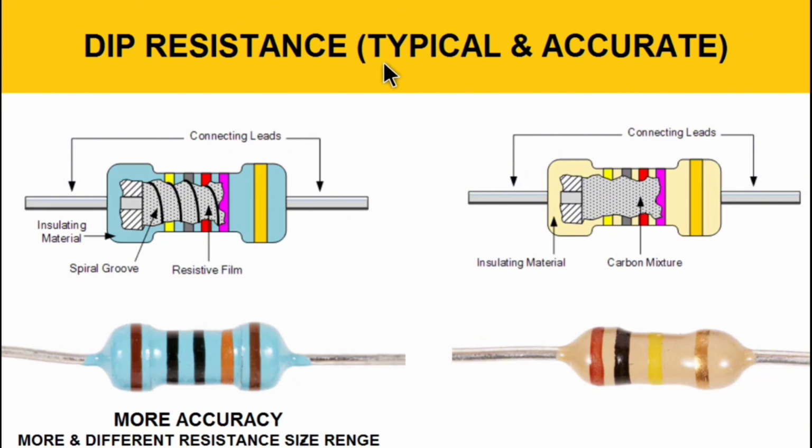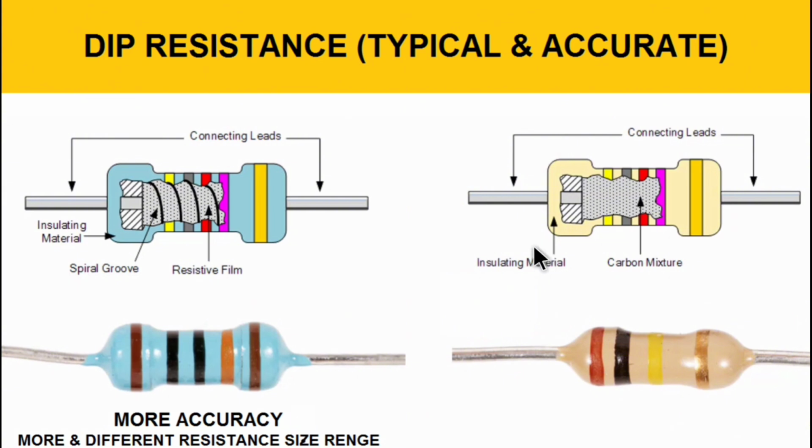Well, in the continuation of DIP resistors. DIP resistors are either normal or accurate resistors. Normal resistors are shaped like this and are made of carbon, which determines the amount of carbon and its type. But these are low in precision.